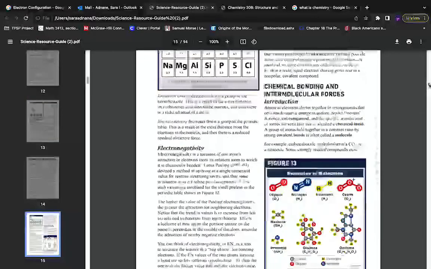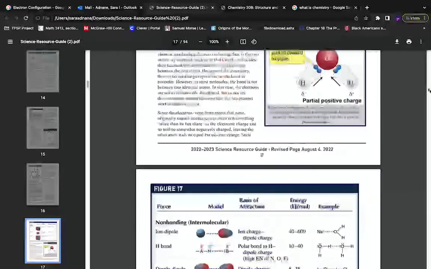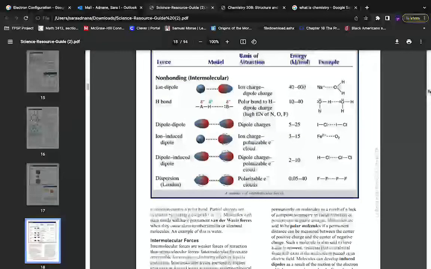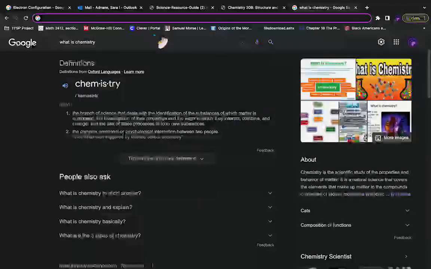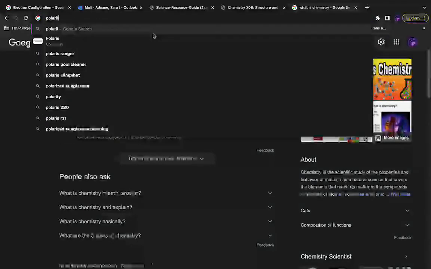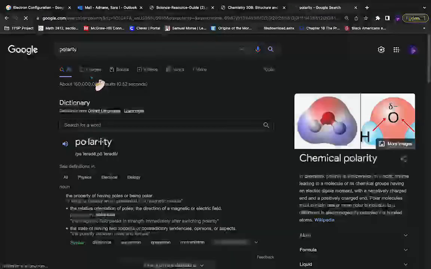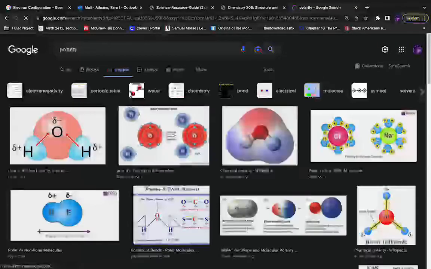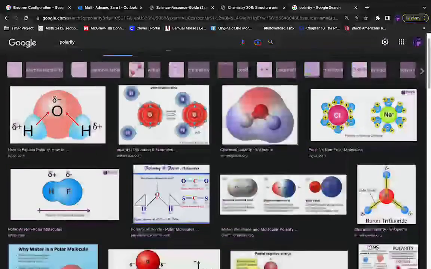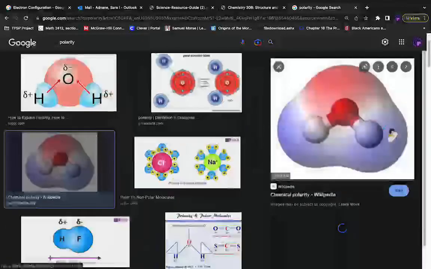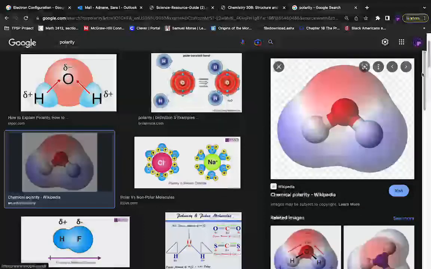Let me see. They don't show it really well. Let me just pull up something. Polarity. Okay, so this is a little image right here.